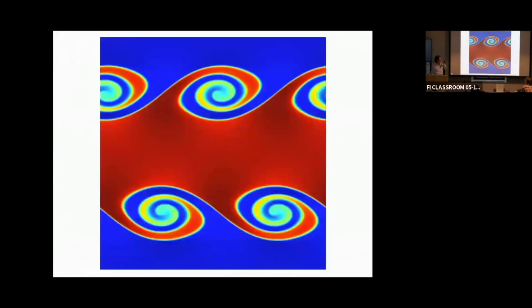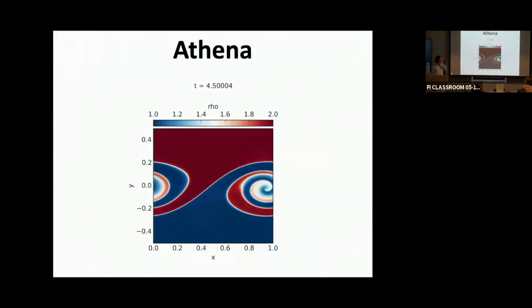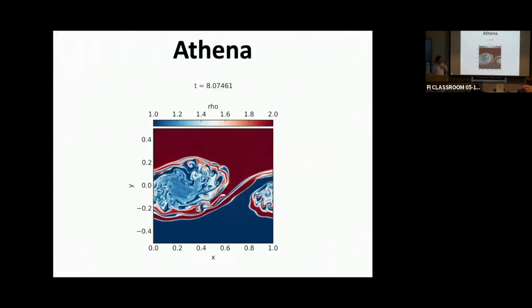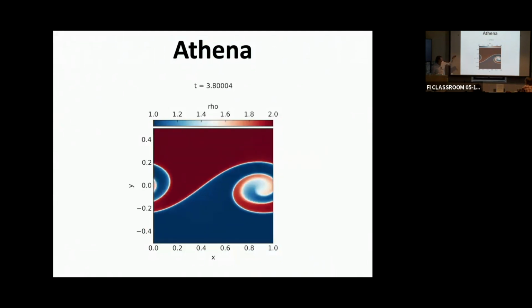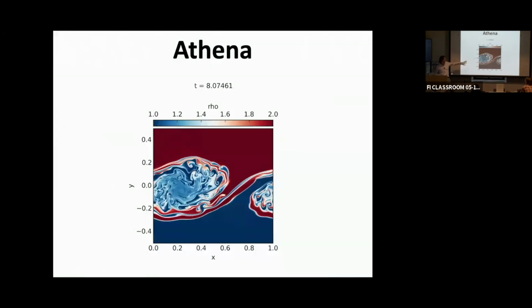Okay, now the issue with this problem is that it's a little bit wasteful because you see that there's 4 vortices, so why don't we just look at one? Okay, so here's just that one vortex. This is in Athena. Okay, so I'll play that again. So again, we have flow to the right on the top, flow to the left on the bottom. You roll up, and then it kind of becomes a bit turbulent like this.